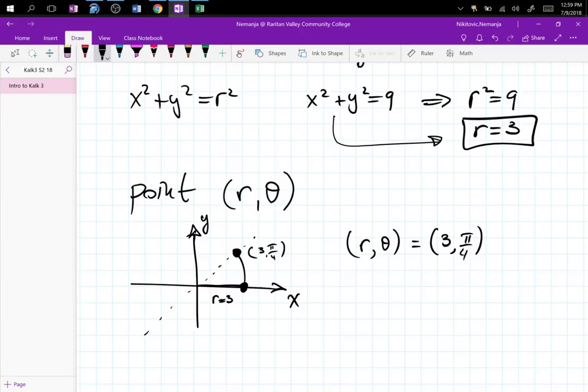It's going to have some decimal numbers on the angle, and it's just going to be bad. And the point (3, pi over 4) is not going to look great when you convert it to xy. So they only look beautiful in their own realm. As soon as you convert it, it becomes ugly. Which is the reason why I say these two systems complement each other. We need both of them.